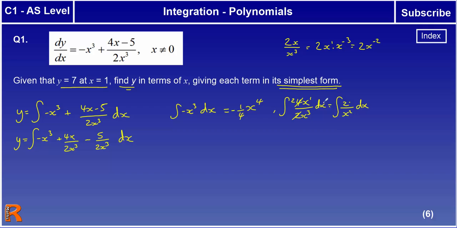And I would always suggest, if you have any fractions with x's on the bottom, you change them into negative powers. So we're actually going to integrate 2x to the minus 2 dx, because then we can just add 1 to the minus power to make x to the minus 1.